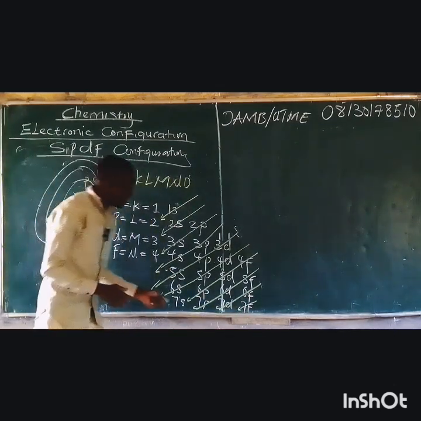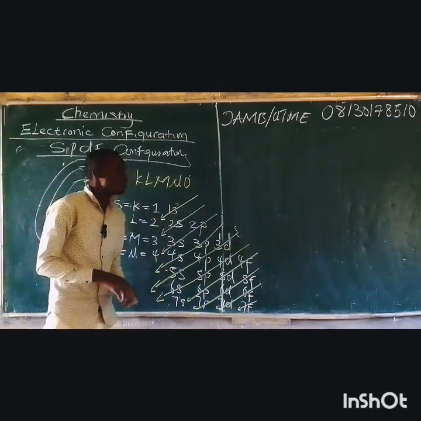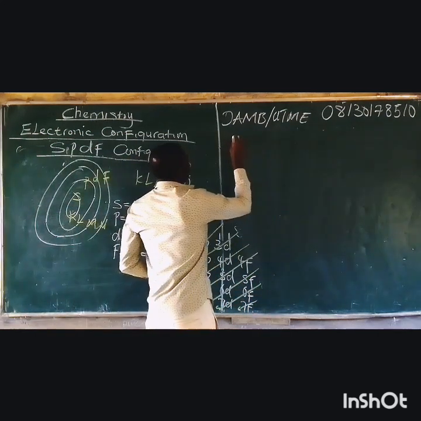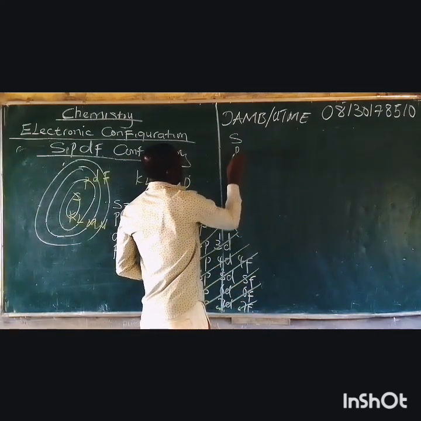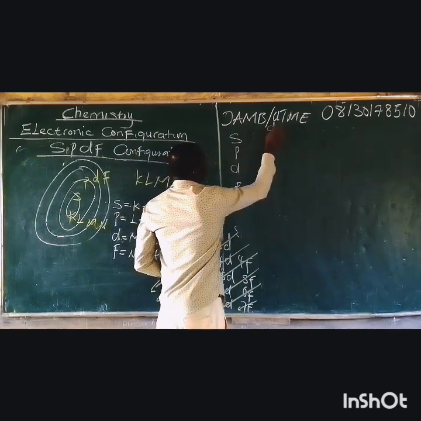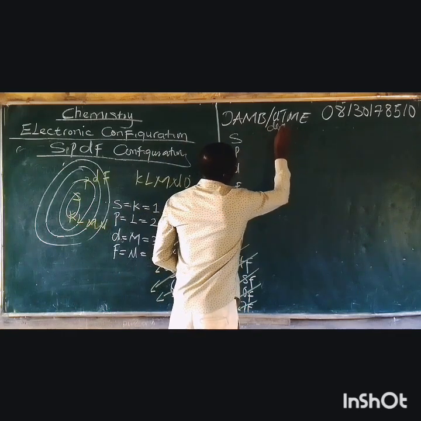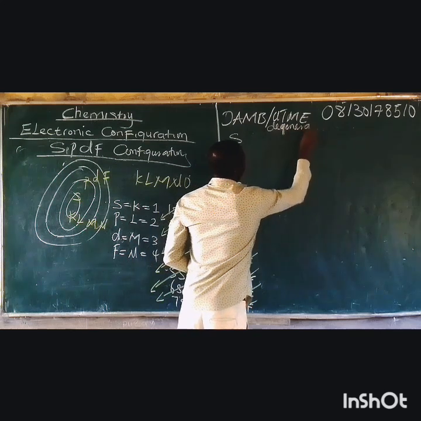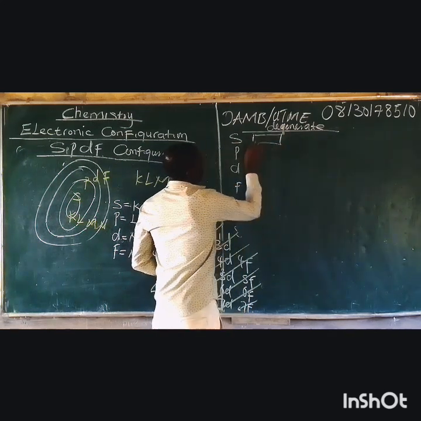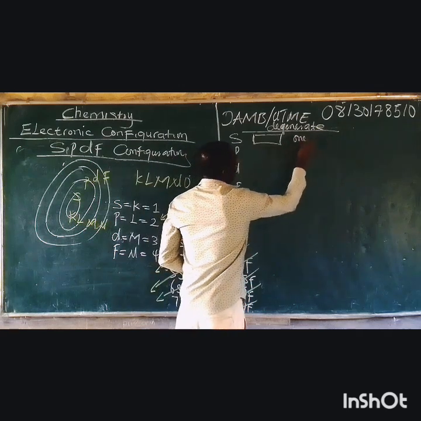Now, if you have this understanding, you also need to know about degenerate orbitals. We have the s, p, d, f. The s block has one-fold degenerate.